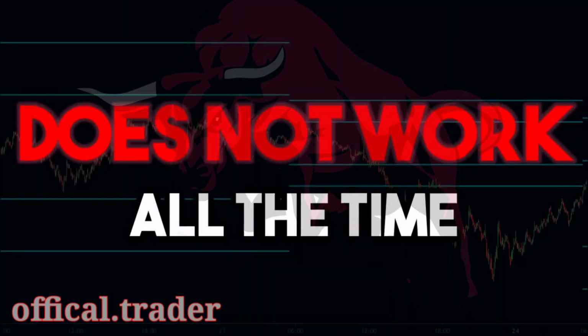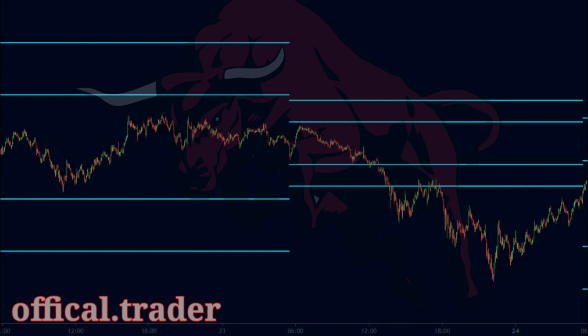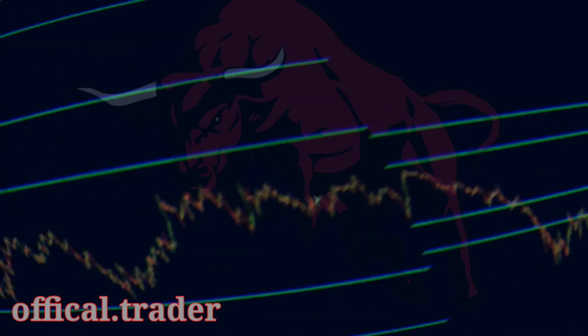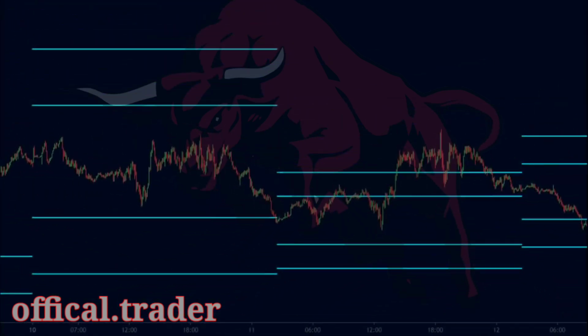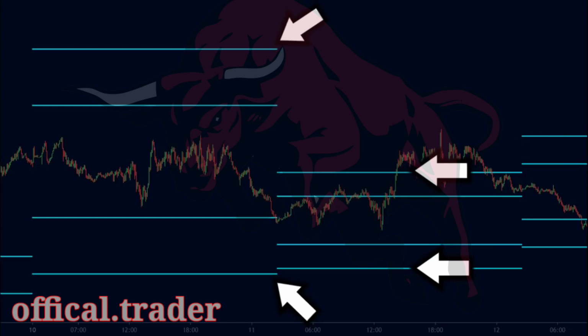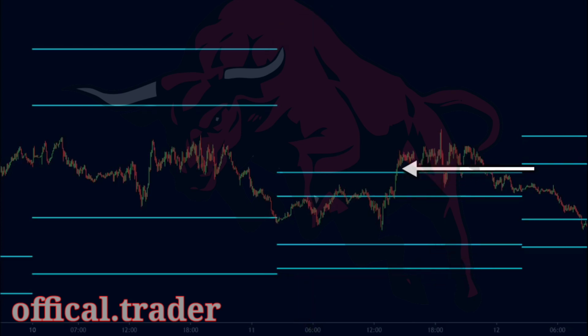This strategy does not work all the time. There will be losing trades with this strategy. For instance, look at this chart. Here we have a perfect trade setup. The current day's pivots are inside the range of the previous day's pivots. So, we buy when the price breaks above the R4.